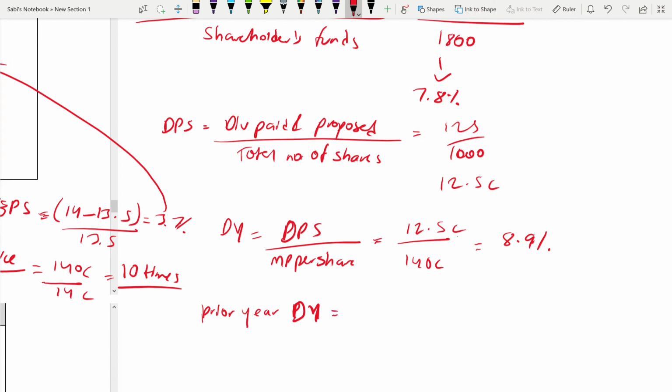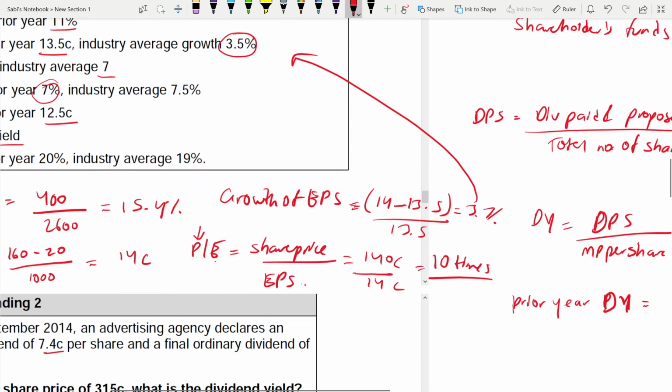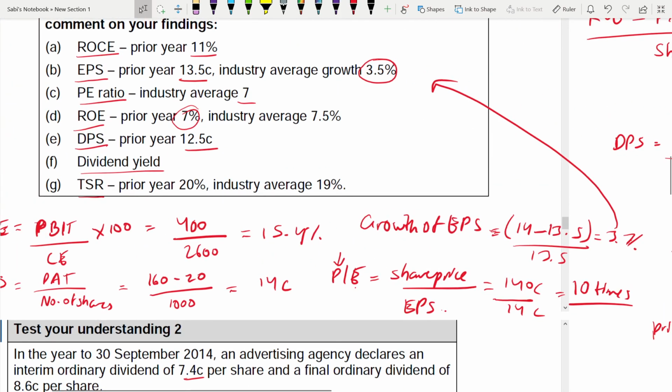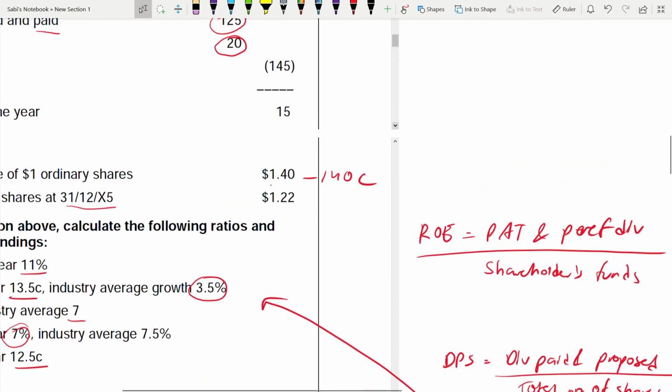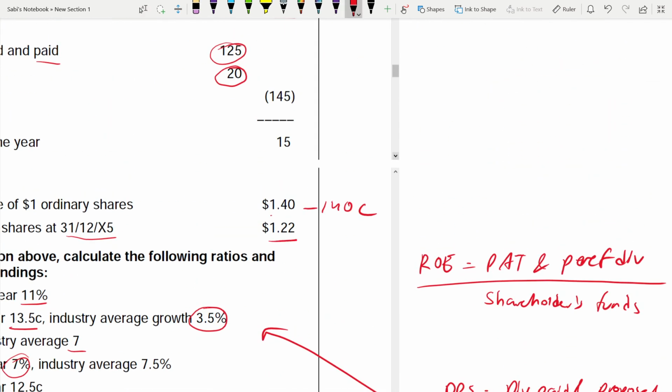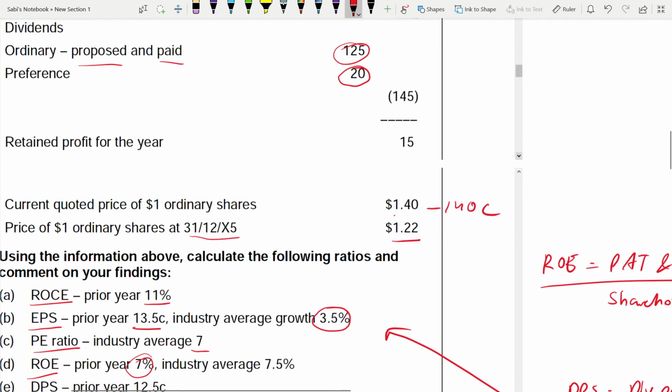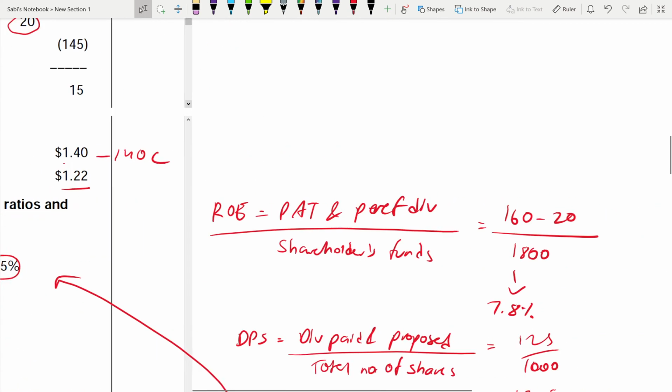By the prior year DPS divided by prior year share price. So prior year DPS we have, right? Dividend per share for the prior year we have. What is it? 12.5. So 12.5 cents divided by prior year share price we have been given here, 1.22. So 1.22 means it will be 122 cents.